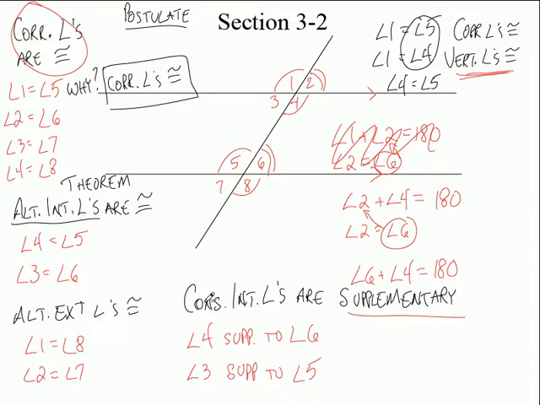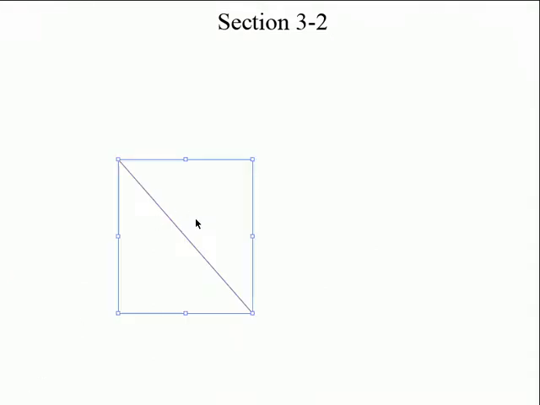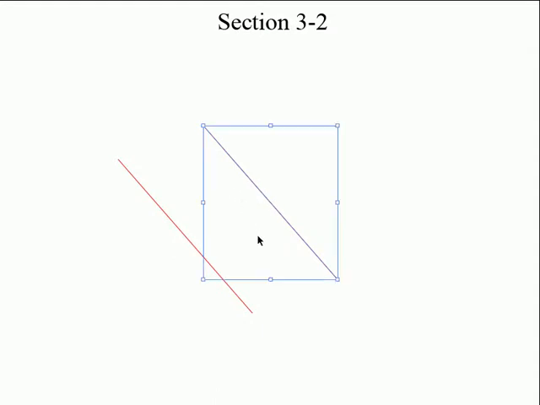Let's do one more. All right, let's do an example. I've got two lines, and they're parallel lines right there, and I have a transversal that looks like it goes, which one am I doing? Forget that. Let's do this other example.